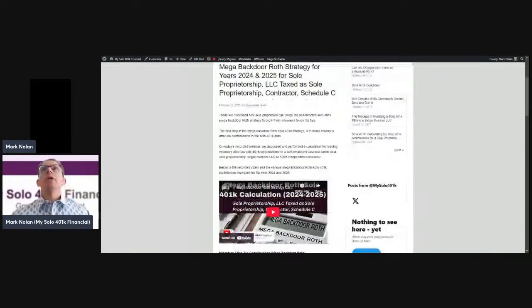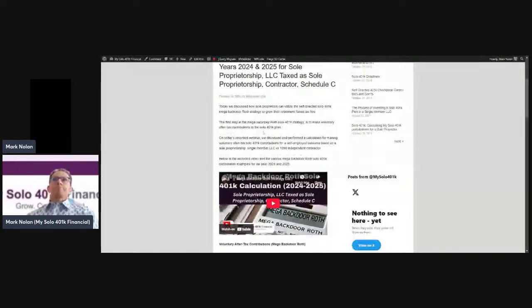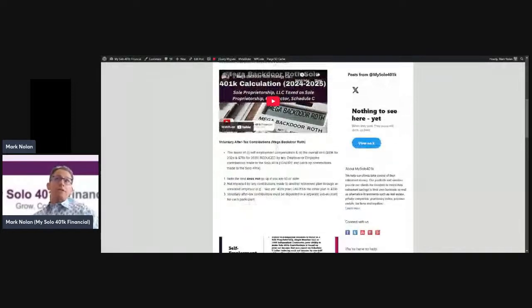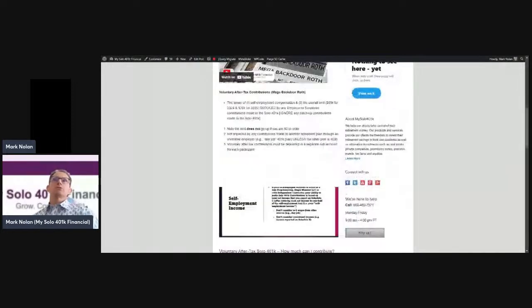Let's talk about a few items before we go to our online calculator to perform the voluntary after-tax solo 401k contribution calculation. So, voluntary after-tax solo 401k contributions are allowed all the way up to the overall limit for the year.